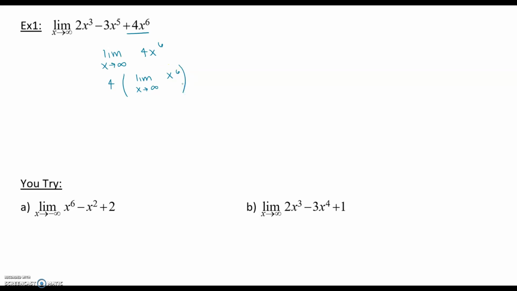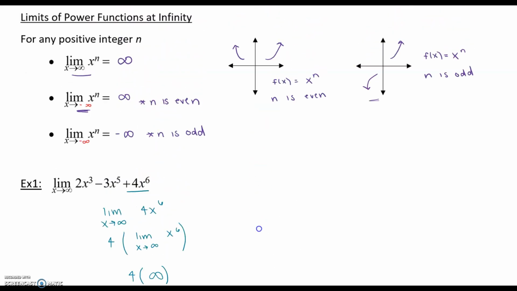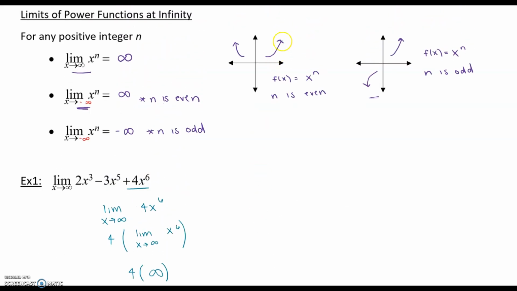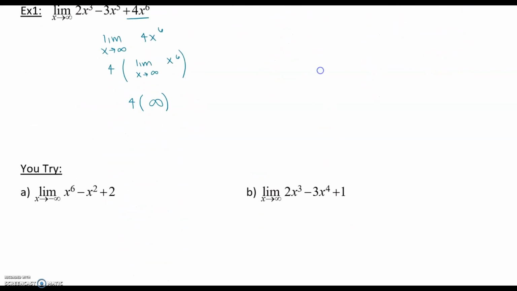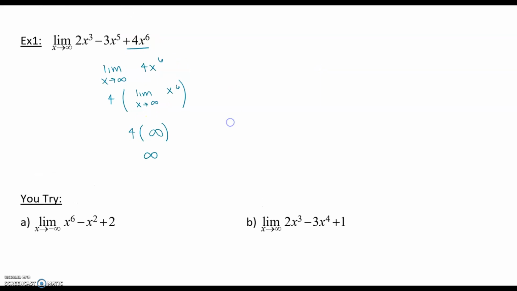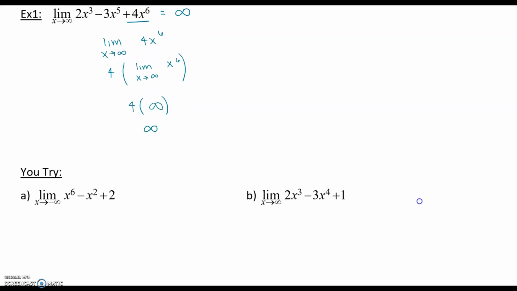And now it is going to positive infinity, and it is an even exponent. So that is going to be 4 times infinity, positive infinity, even exponent, going up towards infinity for the end behavior. And then 4 times infinity is just going to be infinity. So the limit for this whole thing equals infinity.